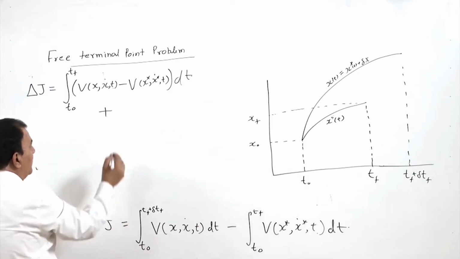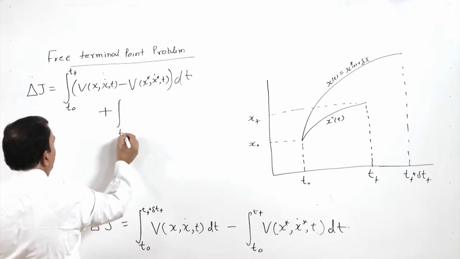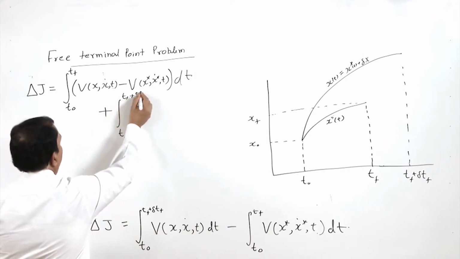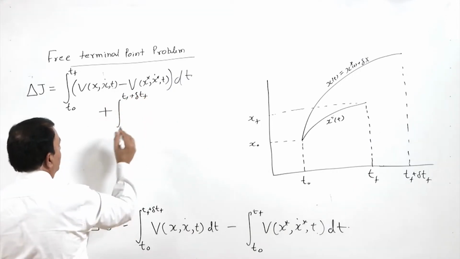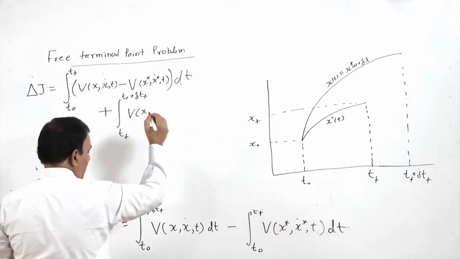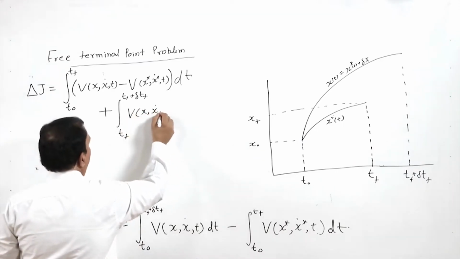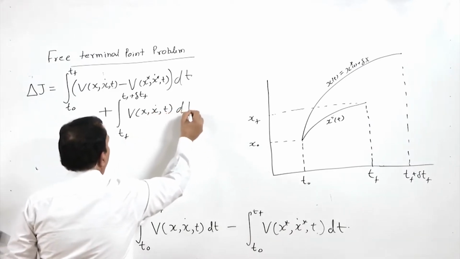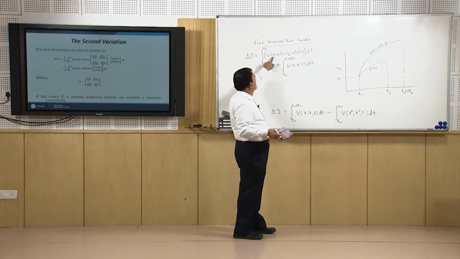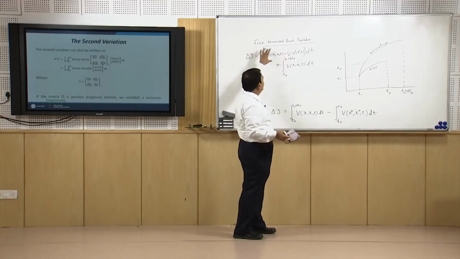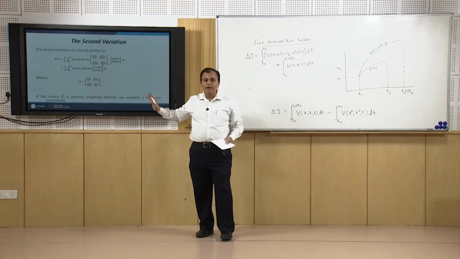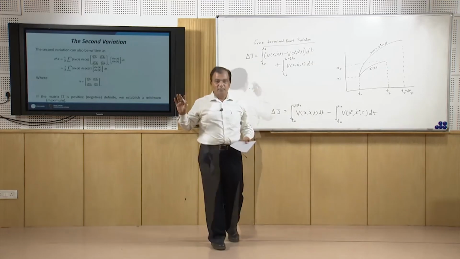plus the breakup of this from tf to tf plus delta tf of V(x, x dot, t) dt. Now, the first integral is similar to what we have in our fixed endpoint problem.